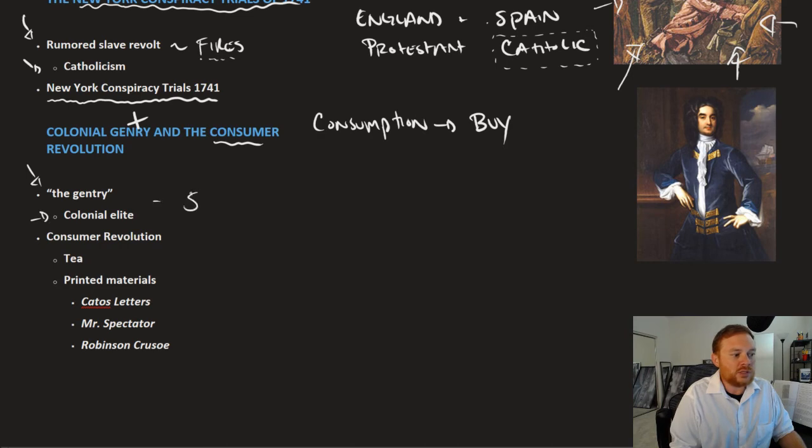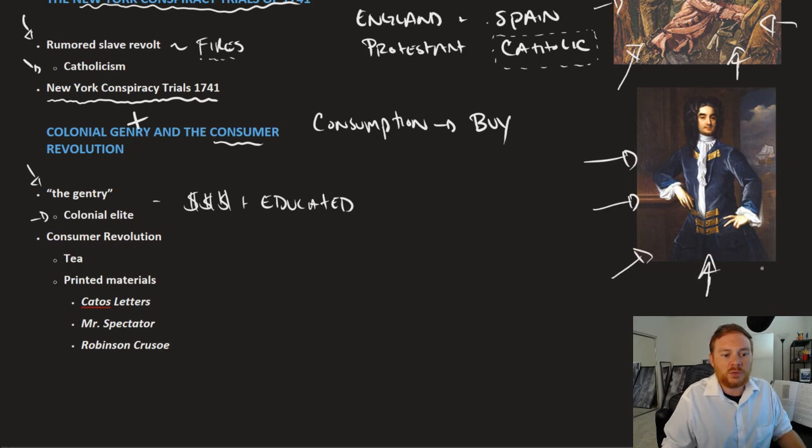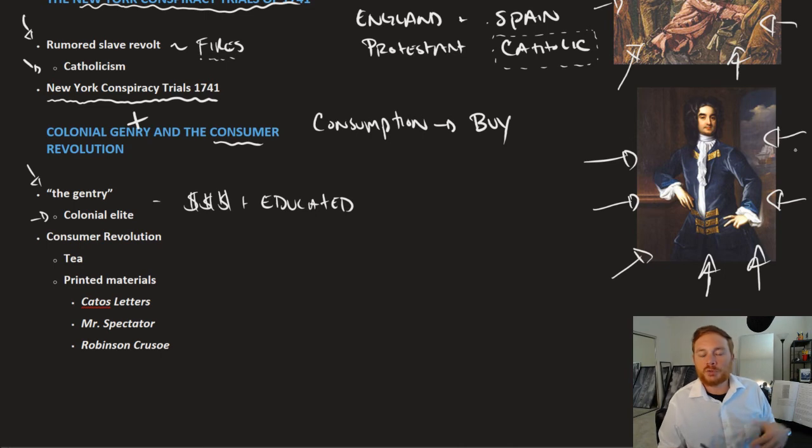This might be the wealthy and educated, right? They tried to emulate the aristocracy or the royalty from England. Recall that in Europe, bloodlines were very important. It was royalty. If you're born to a certain bloodline, you inherited all of your wealth.